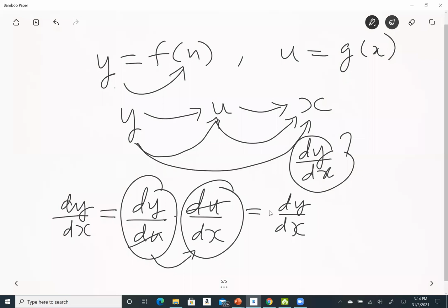So let's look at an example. Suppose we have the following.